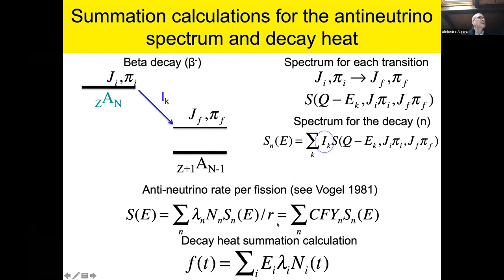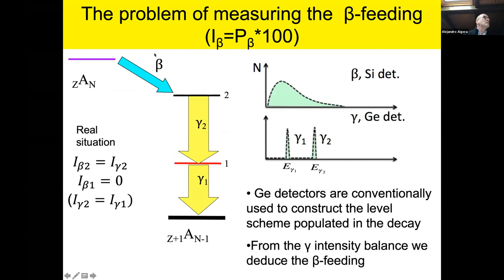This is very similar to what is done for calculating the decay heat in reactors, which I mentioned before: the energy released by the fission products, which is relevant for the safety of the reactors.